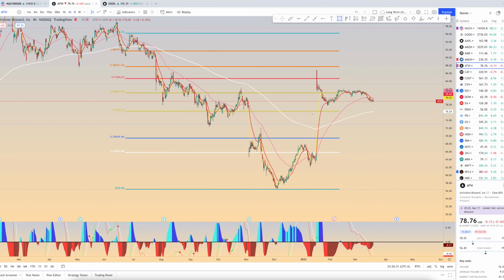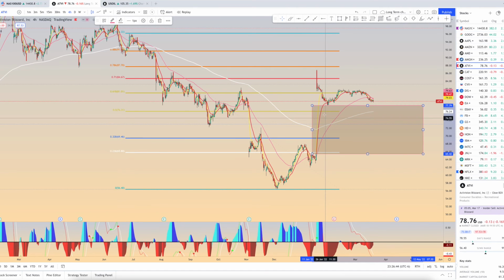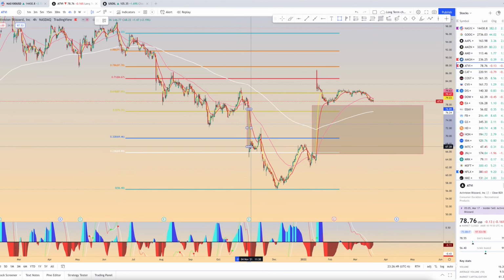This caused a very large gap. From its highest point to its lowest point now, we have a $12 gap where there was nothing to trade. Not only that, this gap was also formed here. You can see that, but that gap is a little smaller to fill.